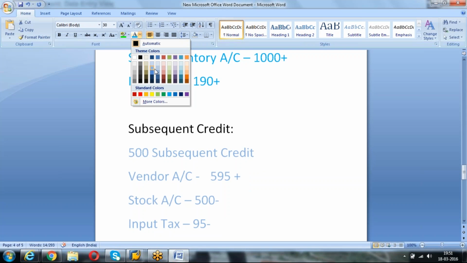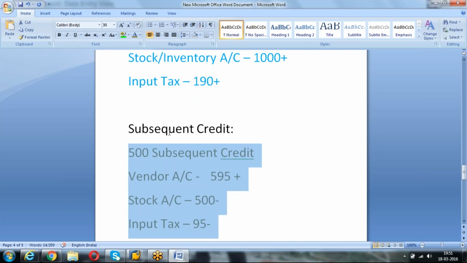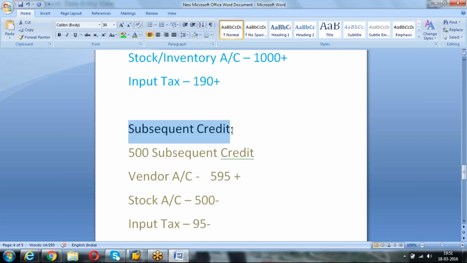Finally, the vendor account wise invoice verification and subsequent debit will be similar, and coming to subsequent credit and credit memo, the accounting entries, the vendor account will get debit and the stock account will get credit.